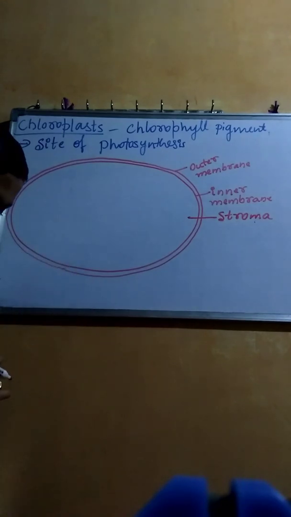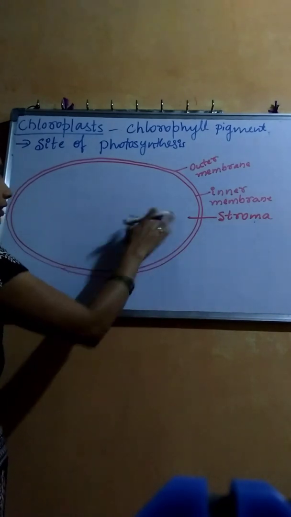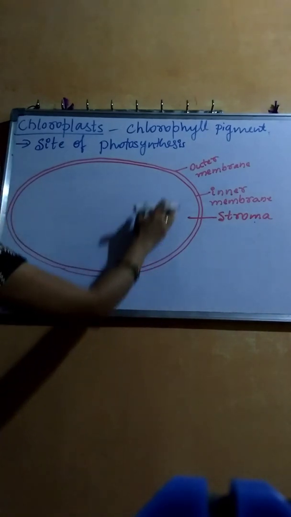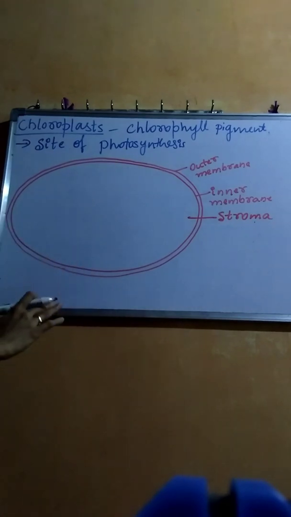Other than the stroma, there is a presence of membrane bound flattened sacs called thylakoids. Inner to the inner membrane of the chloroplast, stroma and grana are present. Stroma is nothing but the colorless ground matrix.